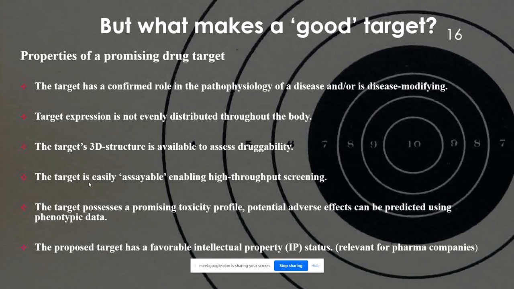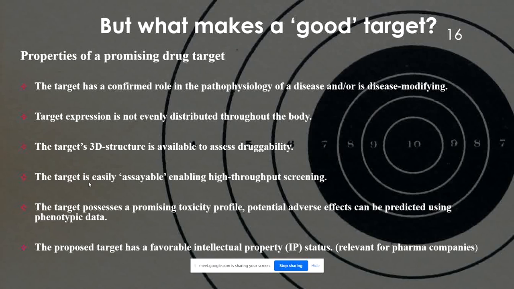Why is that so? Because just like the characteristics of a drug, we discussed the characteristics that a molecule must possess to become an efficient drug. Similarly, there are some characteristics that a biological target, or a protein, must possess to be marked as a desirable target.